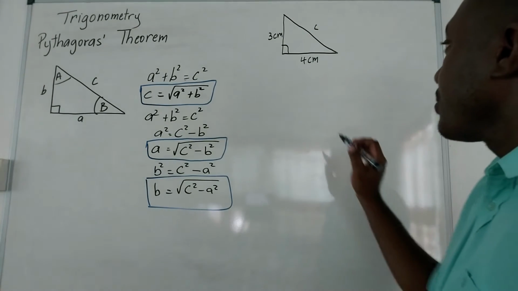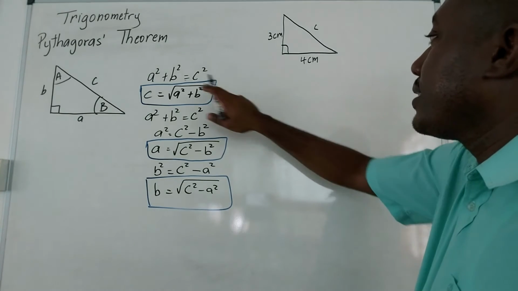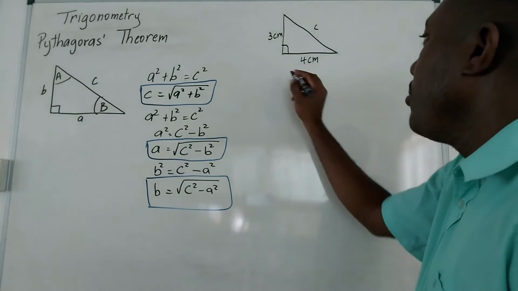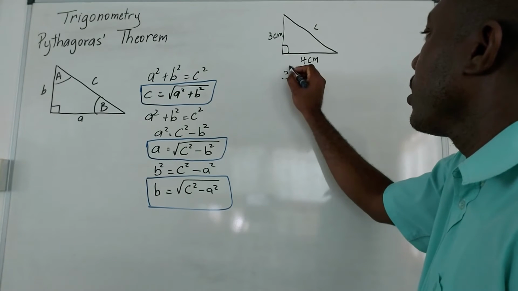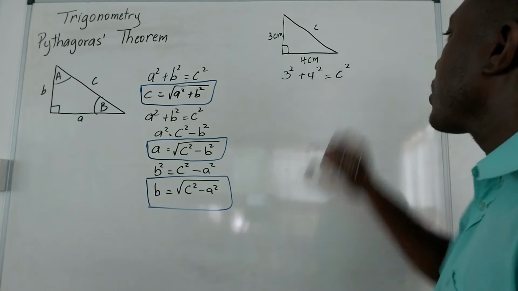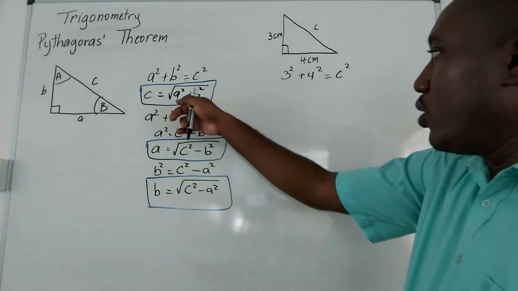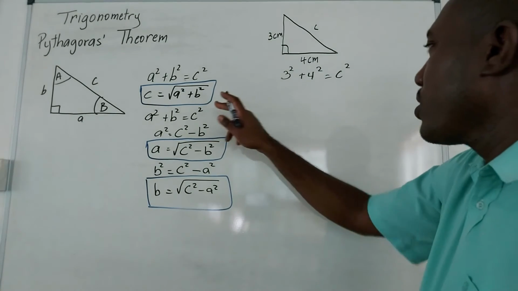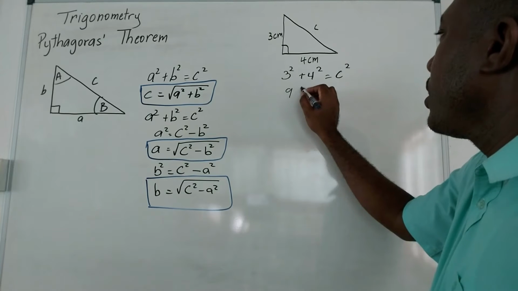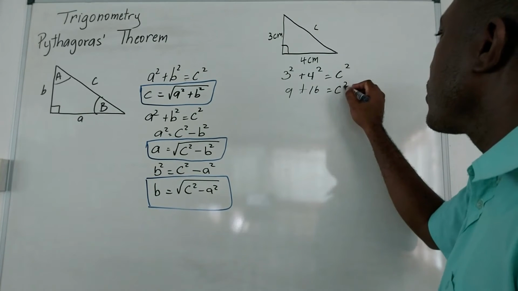Now, remember, Pythagoras' theorem says that a squared plus b squared is equal to c squared. So that means 3 squared plus 4 squared is equal to c squared. So to find what c is, we can use this, or we must use this. So that will be 9 plus 16 is equal to c squared.